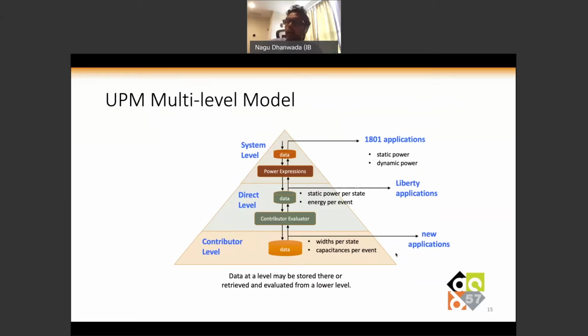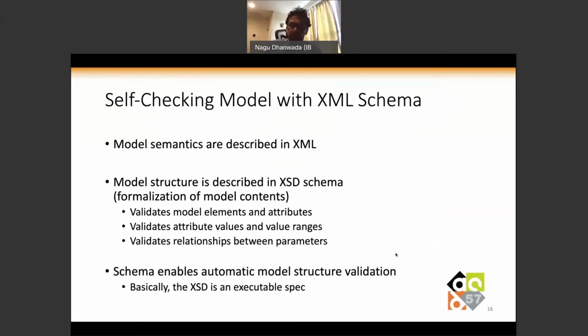In the middle is the gate level or direct level of the multi-level model, where we could have Liberty-like data served up via power expressions to the 1801, or directly the static power per state and energy per event can be served up for Liberty applications itself. So this slide illustrates the multi-level structure of UPM itself.